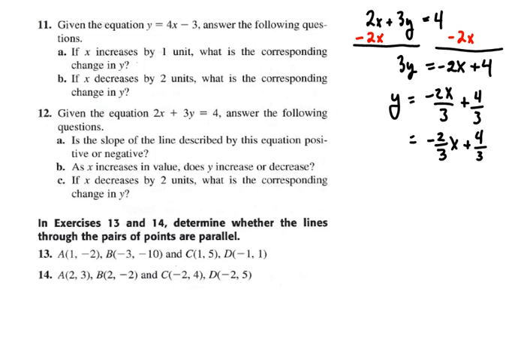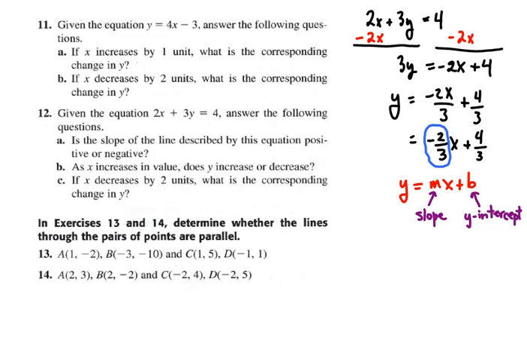The reason I want to write it that way is because that leads us to our next formula, which is y = mx + b, where m is the slope and b is the y-intercept. And so when an equation is written in this form, y equals something times x plus or minus something else, right away we can tell what the slope of that line is by looking at the number that's multiplied times x.